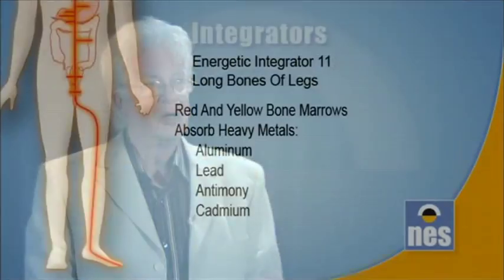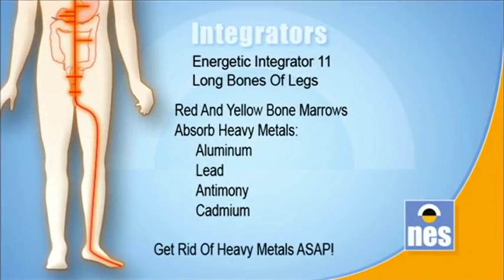Somebody with chronic immune problems, you can see what you have to do. It's a big priority to get rid of heavy metals as soon as possible after starting treatment. And so it's not surprising that Integrator 11 comes up as a priority very often.